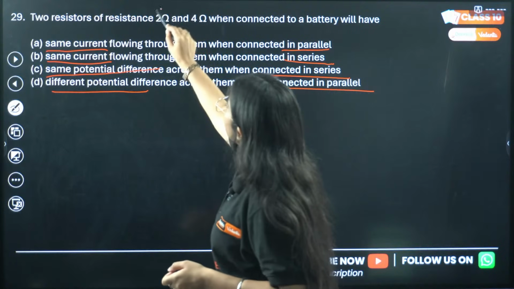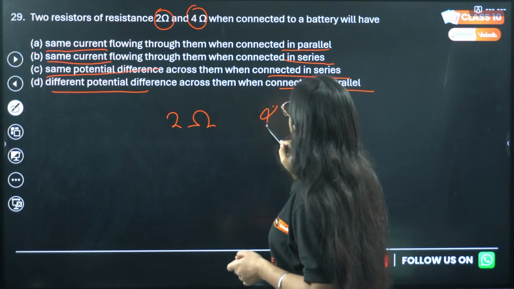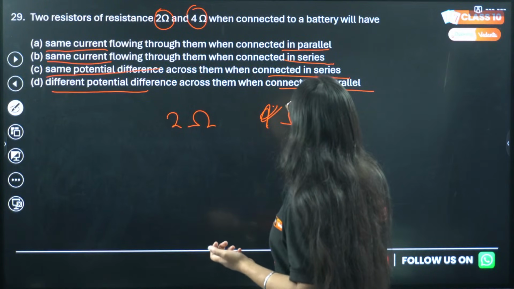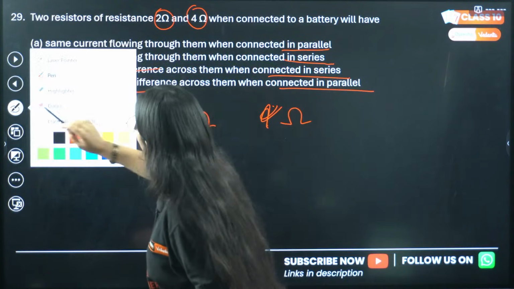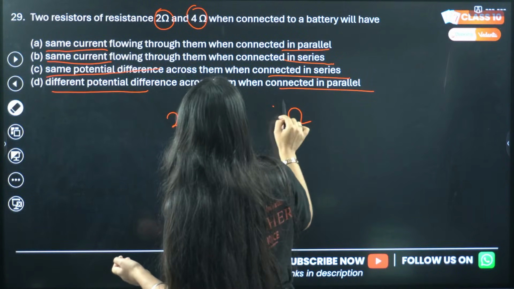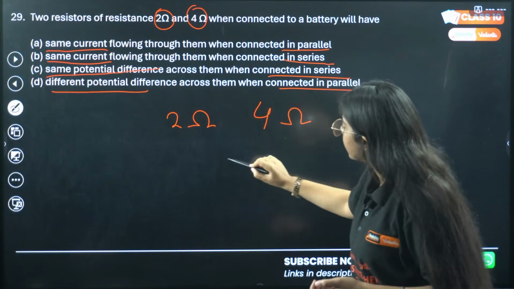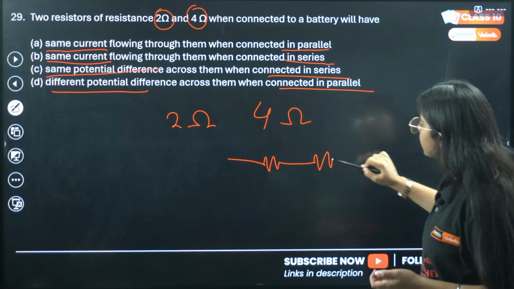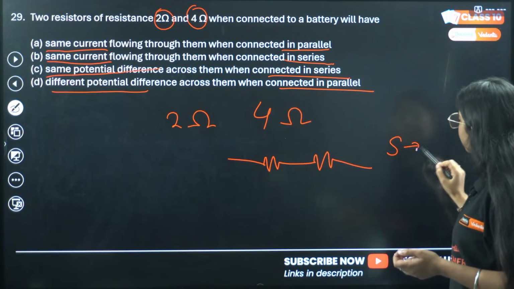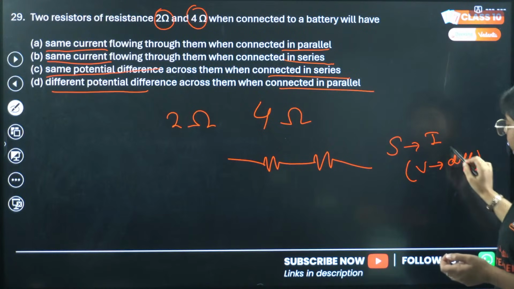They are saying there are two resistances, 2 ohm and 4 ohm, correct? Now they're asking in which case the current or the voltage is the same. If these two are connected in series, we know in series the current remains the same and voltage is different.